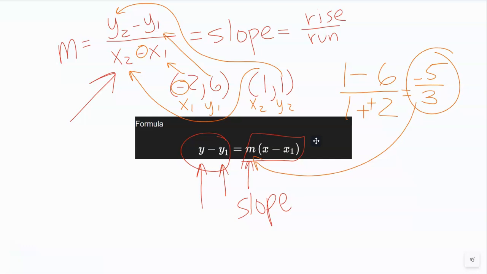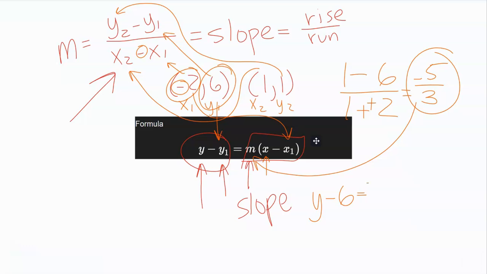So this is our slope, which will go right in for our m. Then we continue the rest of the formula. This x is our variable minus x1. Well, remember, the point that they used was this point in the front. So our value for our x is going to be the -2. So the whole thing will end up being y minus 6, which we already have.